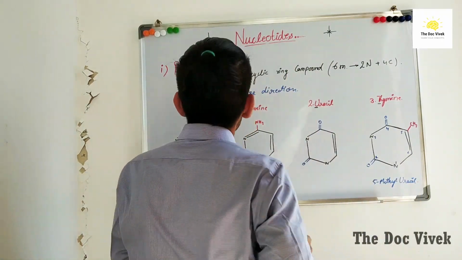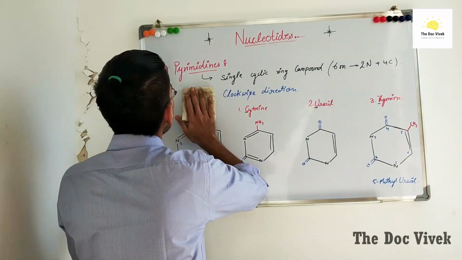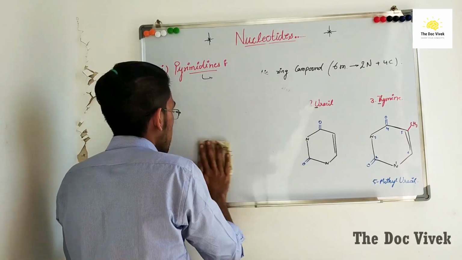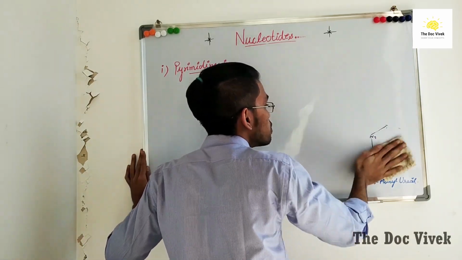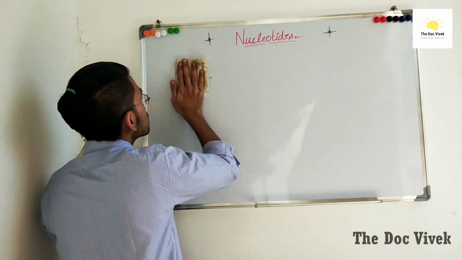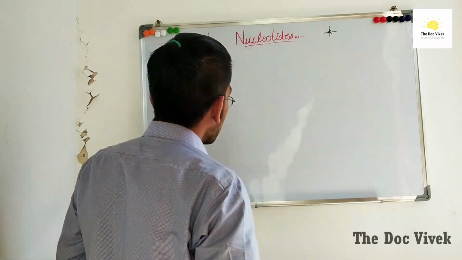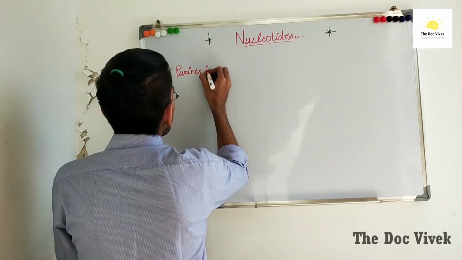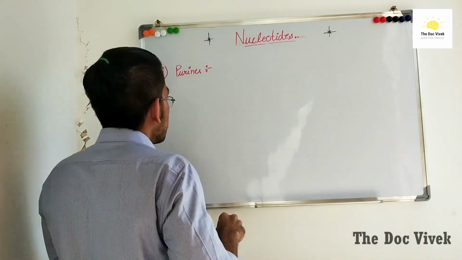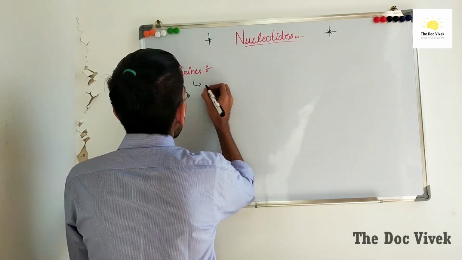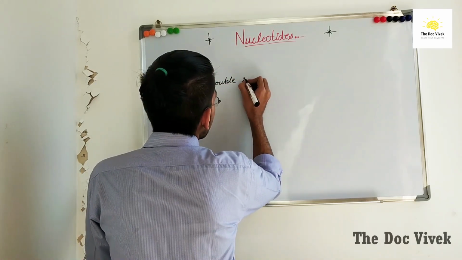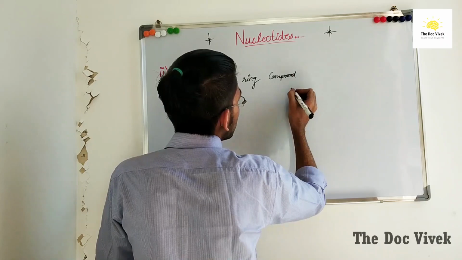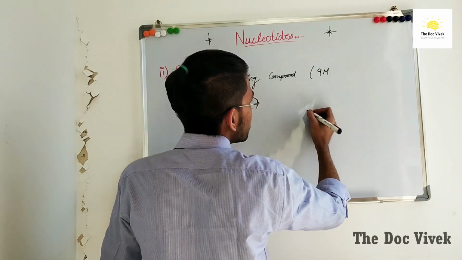Okay, so now let's start to do purines. Purines are double ring compounds which comprise 9 members.